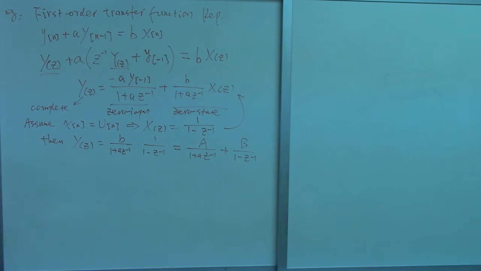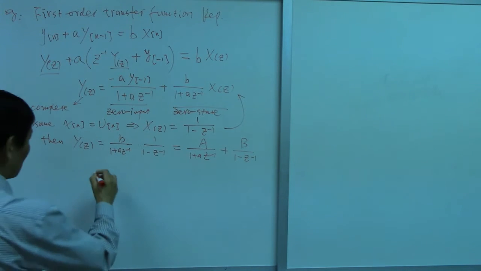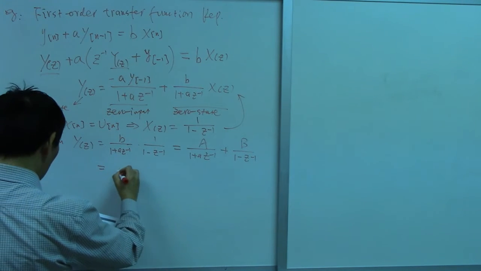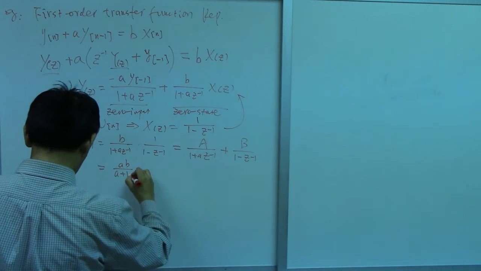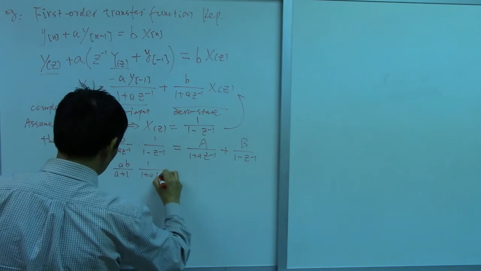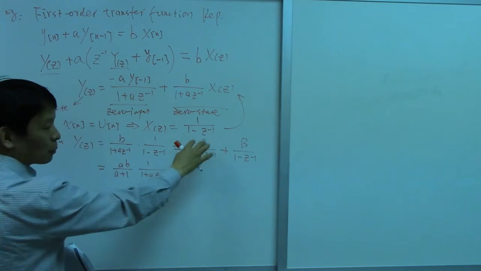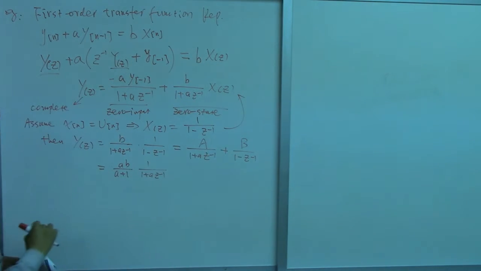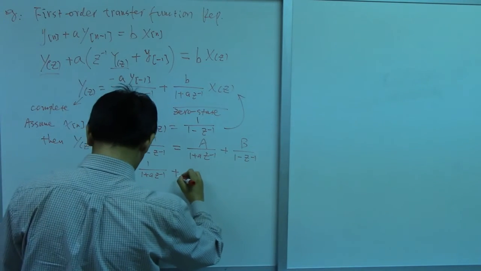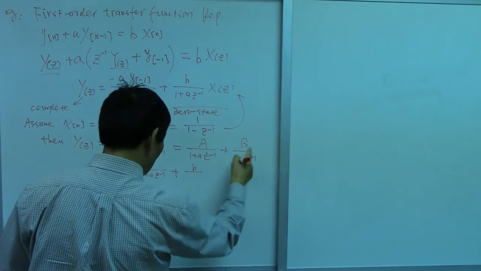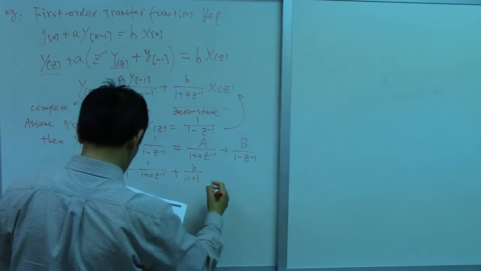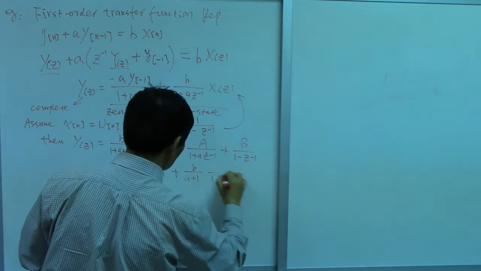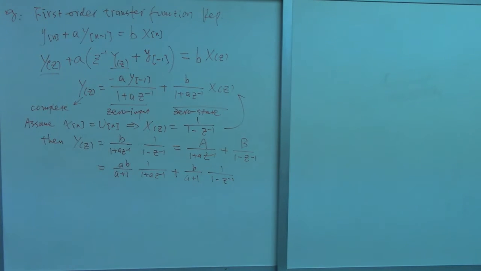Anyway, once we do this, that one will be equal to ab over a plus 1 and 1 plus a z to the negative 1. So capital A equals this one. Then plus capital B, where capital B equals b over a plus 1 and 1 minus z to the negative 1 on the bottom.